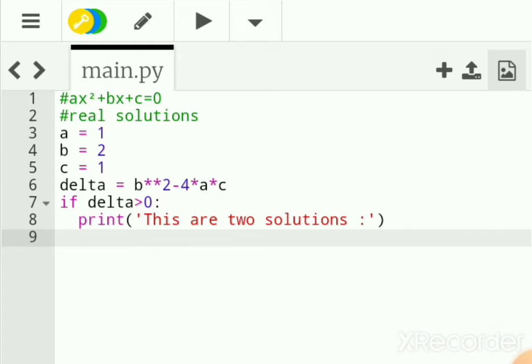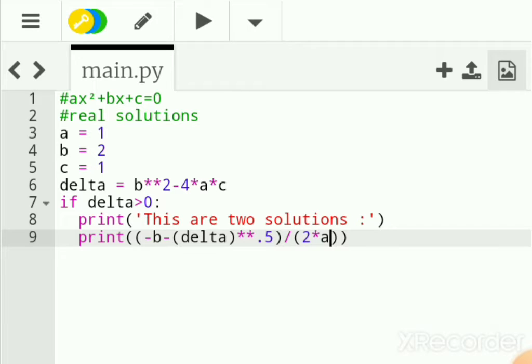So the print, the first is, of course, minus b minus the square root of delta. In math we know that the square root is the power of a half, and after this we will divide this result by 2 times a.